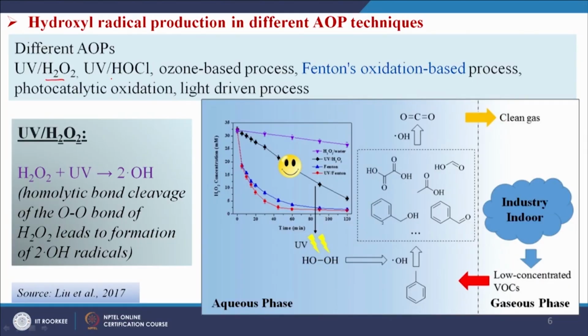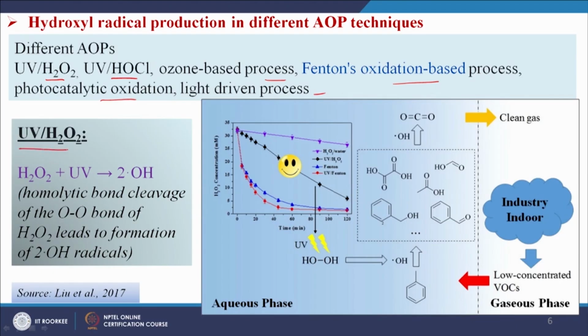Here we will see how hydroxyl radical is generated for different processes: UV H2O2, UV HOCl, ozone based process, Fenton's oxidation based process, and photocatalytic oxidation and light driven processes.